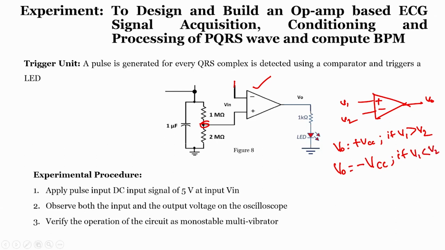Now, in this case, V1 is nothing but our threshold. The positive terminal is connected to V1, that means the threshold value is 666 millivolt, and V0 is the output.